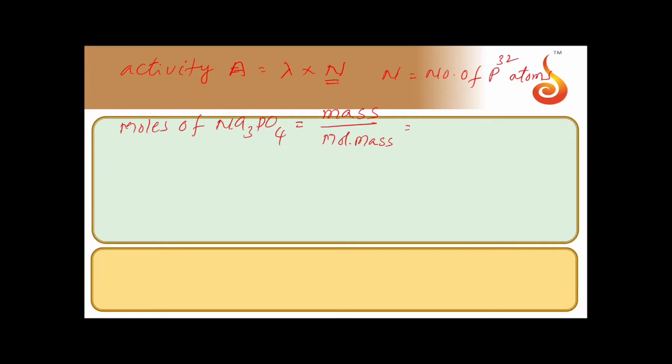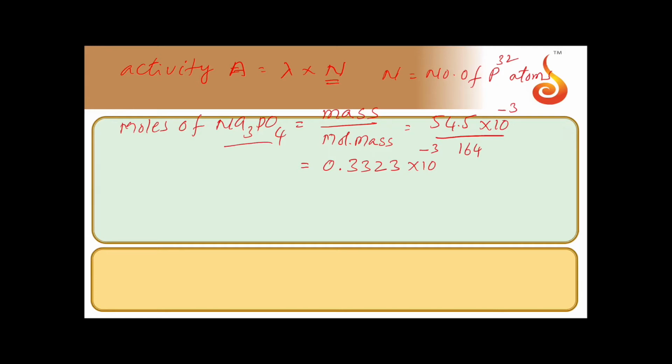So 54.5 milligrams is given, which we have converted to grams, divided by its molar mass, which comes out to be 164. So this value is equal to 0.3323 into 10 to the power of minus 3. So this many moles of sodium phosphate we have.